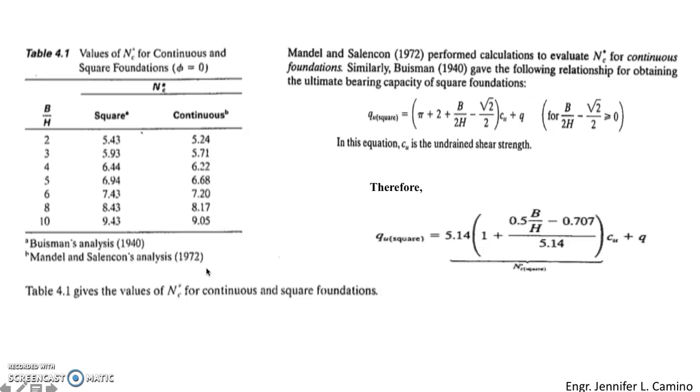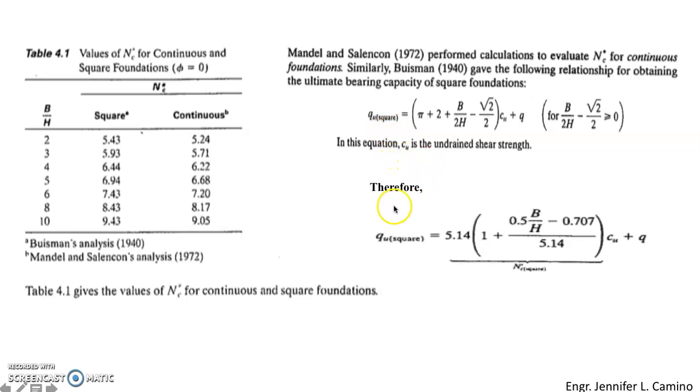According to Mandel and Salencon, they performed the calculation to evaluate the N sub C asterisk for continuous foundations. Weismann also gave the following relationship for obtaining the ultimate bearing capacity of a square foundation. According to his theory, this is the equation to solve for the ultimate bearing capacity for a square foundation.